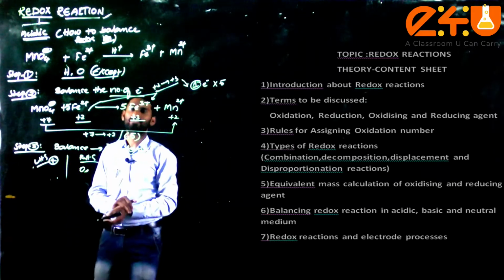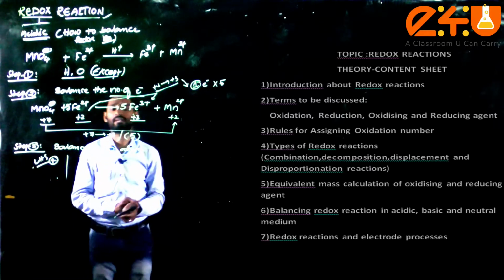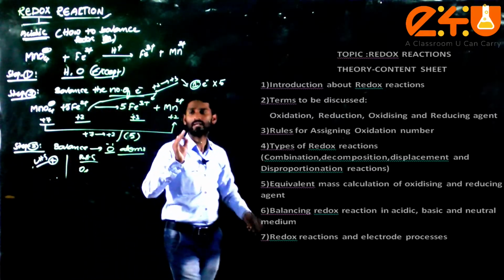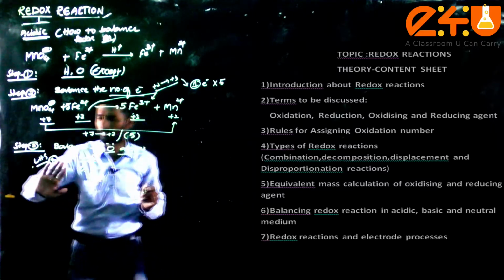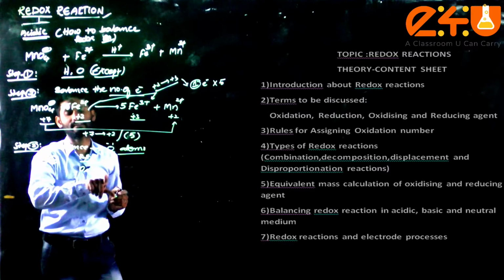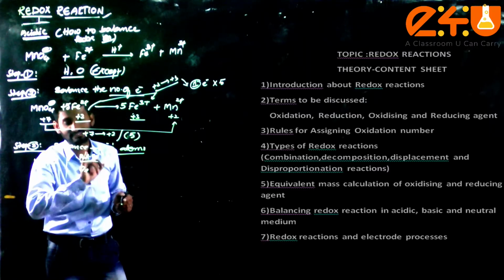If you want to balance the equation in acidic medium, where oxygen atoms are deficient, for each deficient oxygen we contribute 1 water molecule. How many water molecules do we have to add to the right side? Here 4 is there, here 0 is there. That means 4 oxygen atoms are deficient.